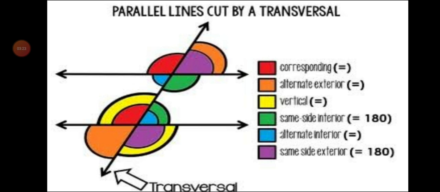Then orange angles, alternate exterior. Then yellow is marked as vertically opposite equal angles. Then green, same side interior angles, their sum will be 180 degrees. Then blue, alternate interior angles, they will be equal. Then same side exterior angles, their sum will be 180 degrees.